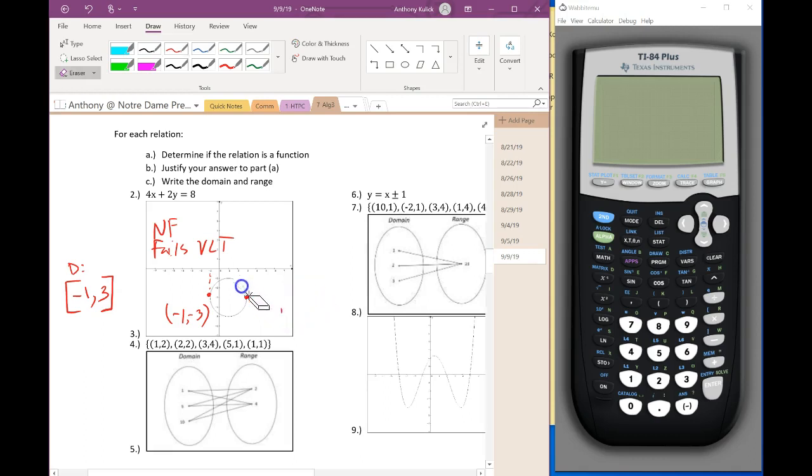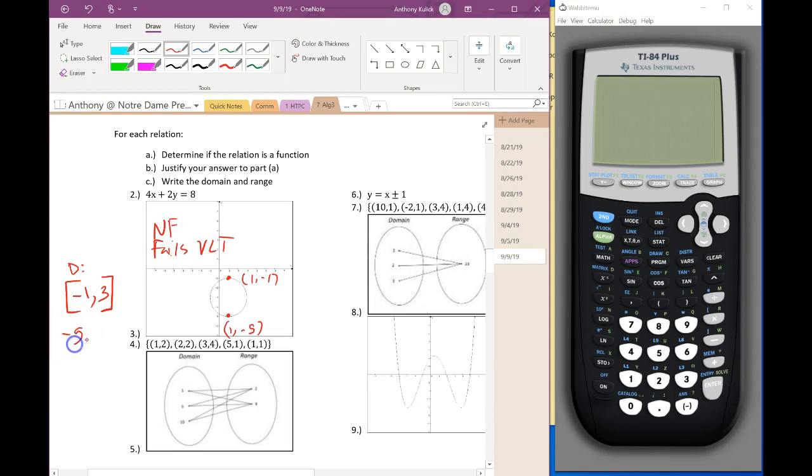Is everybody okay with that idea? Okay. Let's do the same thing now for the range. So the lowest point on my graph looks like it would be there, which is, let's see, that's 1, -1, 2, 3, 4, 5. And the highest point on my graph is right here. That looks like -1. Everybody agree with this?